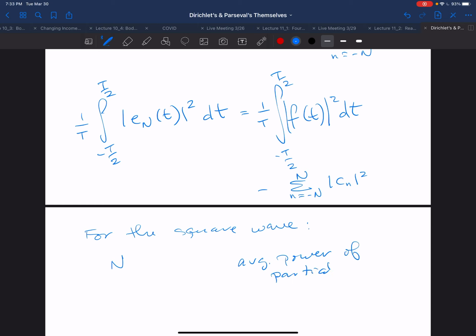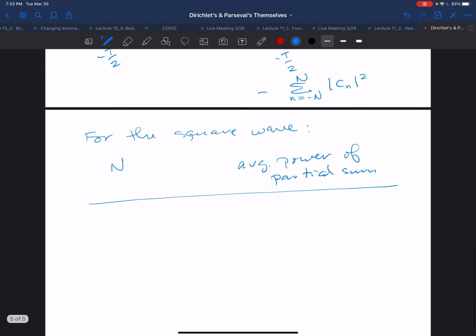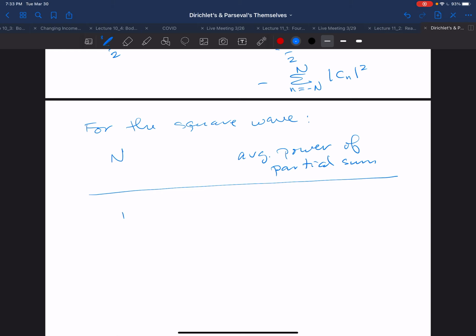And we'll write out the average power of the partial sum as a percentage of the average power in f of t. So if capital N is 1, in other words, we just take one single term, one single frequency at the fundamental frequency, then we already get 81% of the power in the square wave.